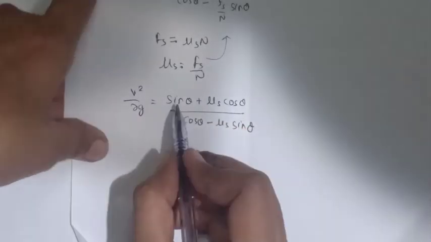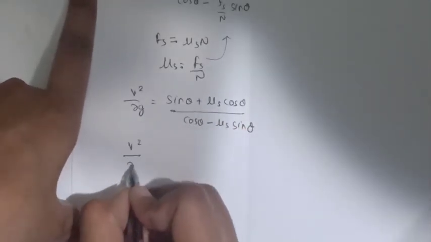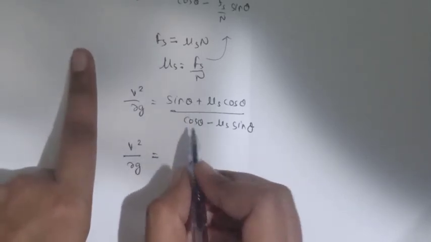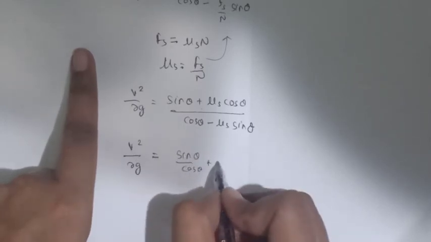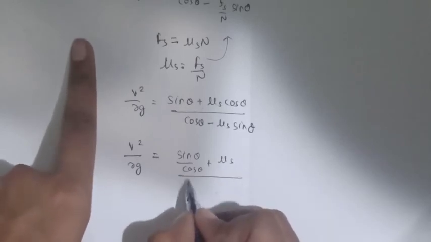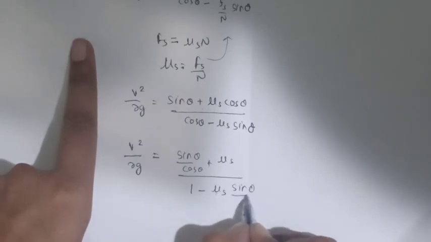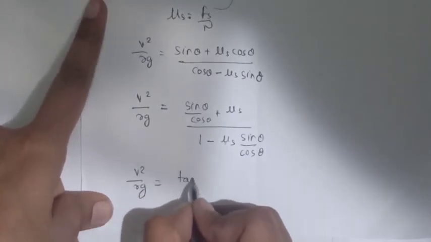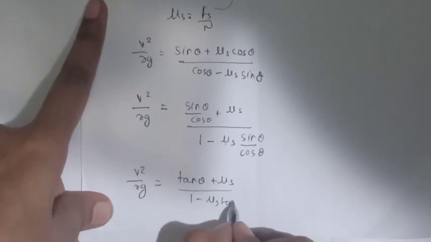Again, take common cos theta from numerator and denominator. You will get v square by rg equals sin theta by cos theta plus mu s, divided by 1 minus mu s sin theta by cos theta. As you know, sin by cos theta is nothing but tan theta, so tan theta plus mu s divided by 1 minus mu s tan theta.